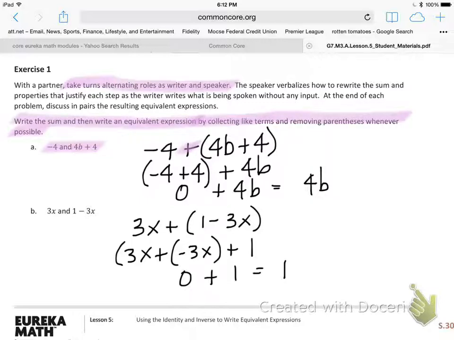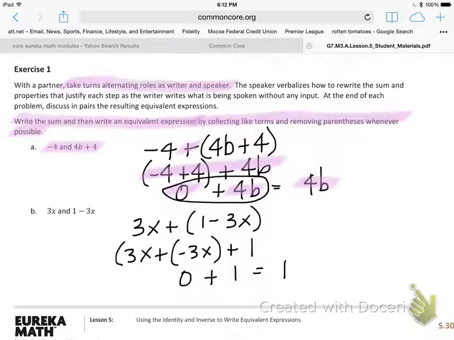Then you use any grouping, any order, associative and commutative. Put those -4s together, put those 4s together, -4 and +4. That equals 0. 4b is left, and 4b is what you have there. Of course all of these are using the additive inverse and the additive identity property of 0 to get that final answer.